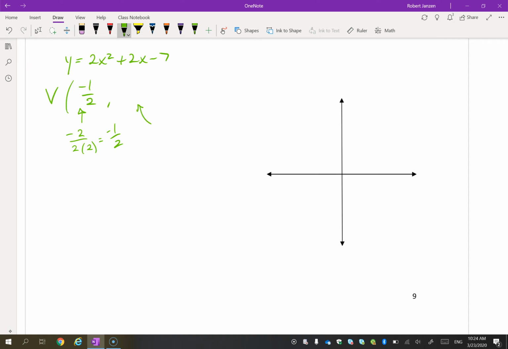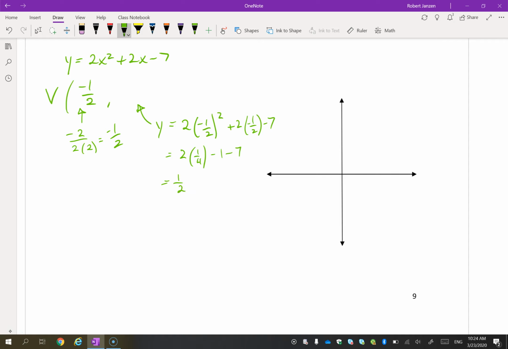And then how do I get the y value? I'm going to put it into the equation. So this is going to be 2 times 1/4. And then -1 minus 7.